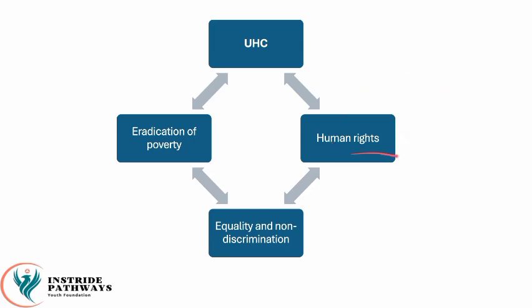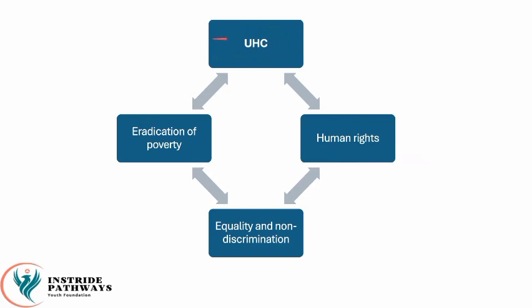So, human rights. We're trying to protect human rights, and you cannot protect human rights when people do not have access to healthcare, right? You cannot eradicate poverty when people do not have access to universal health coverage. Again, remember, the goal of universal health coverage is that people are able to have access to quality healthcare when they want it, where they want it, without any form of financial hardship.